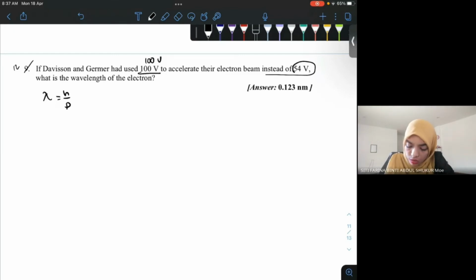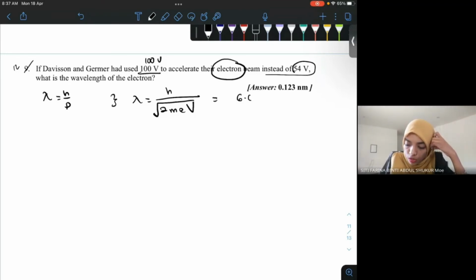Ini general equation. After you derive, you can have equation of lambda relating to your potential. Sebab potential yang diberi dekat sini. So h over square root of 2 m e V. Okay, sebab we are talking about electron dekat sini. Then kita untuk mass dan juga charge akan jadi belonging to the electron.